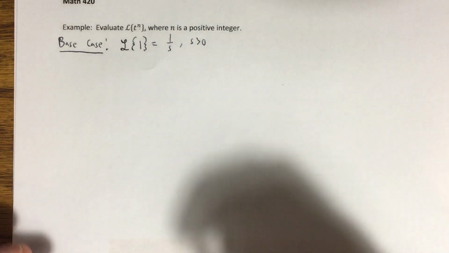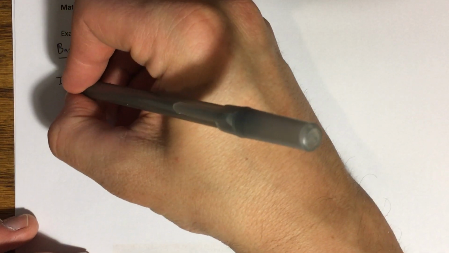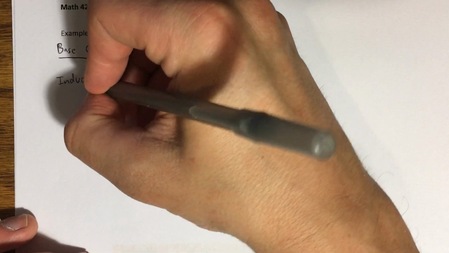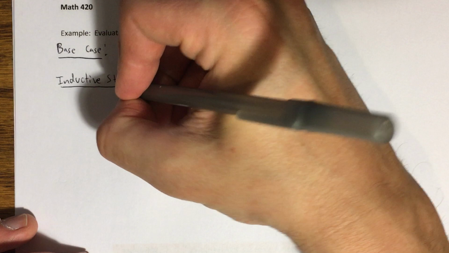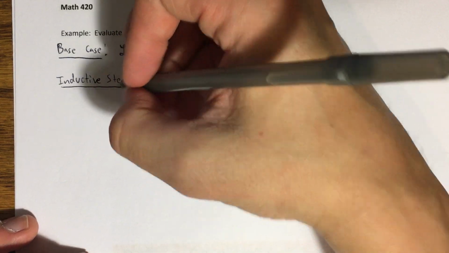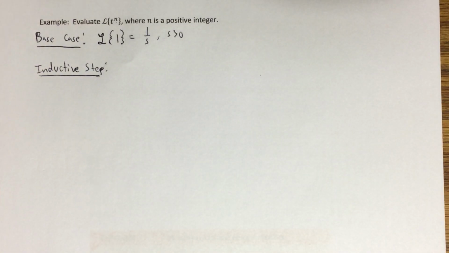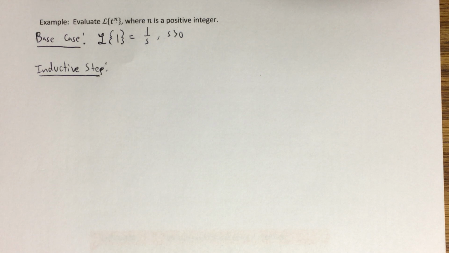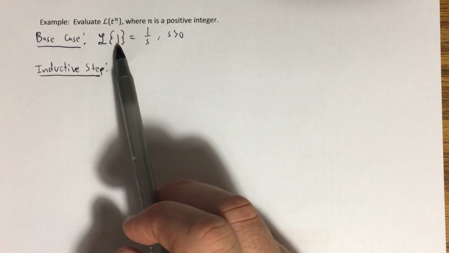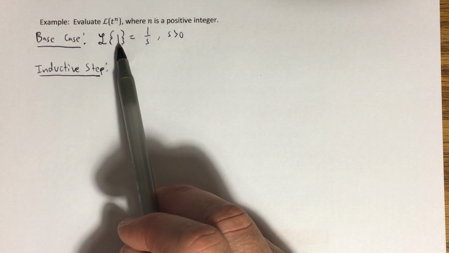Now what we need in order to do the next step is called the inductive step. The idea behind the inductive step, again, if it's been a while since you've done a proof by induction, is you assume that whatever result you're trying to prove is true for some positive integer n. We've already established one possible value of n for which it's true.